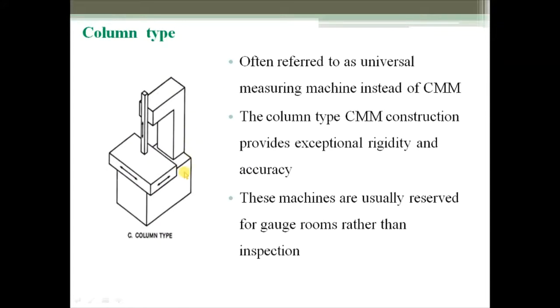Next is the column type CMM machine. This is normally referred to as a universal measuring machine instead of a CMM. The column type construction provides exceptional rigidity and accuracy, and these machines are normally used for gauge rooms rather than inspection. Many times it is called a universal measuring machine.